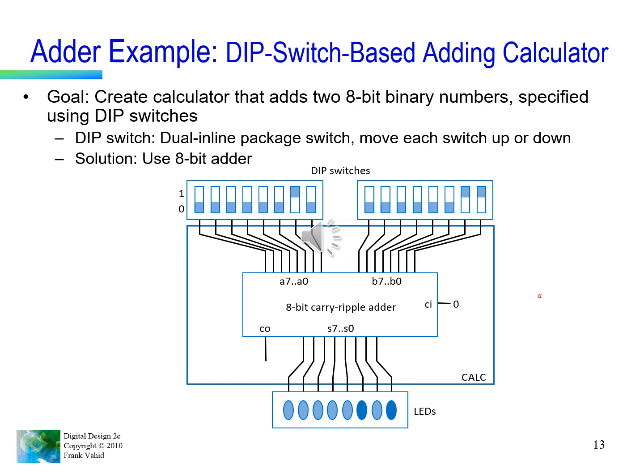You can see input A goes into one input of the adder, and the other input, B0 to B7, goes to the other, and the output is displayed on the LEDs.